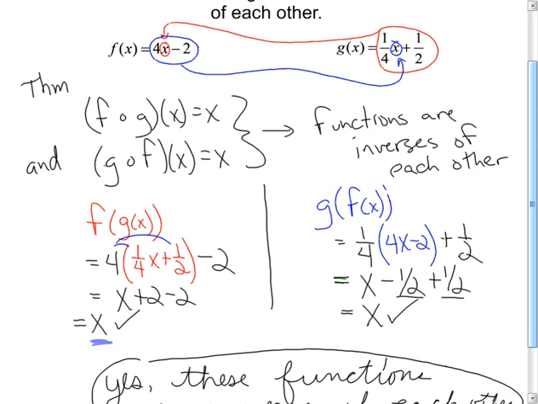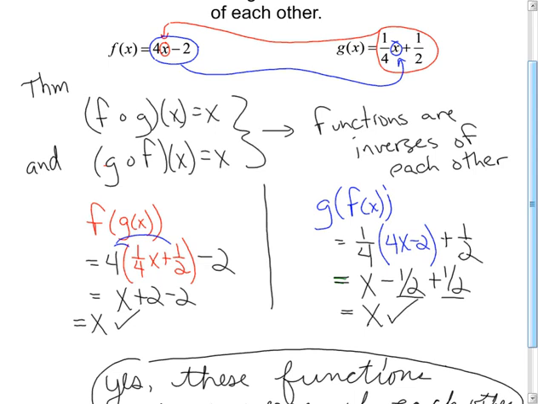Well, if that's the case, I could just stop right there and say that the answer would have been no, that they're not inverses of each other. Because, again, the theorem says that both of these need to be true for it to be a yes. If you do one computation and it's not equal to x, they can't both be x, so you'll be able to stop right there.